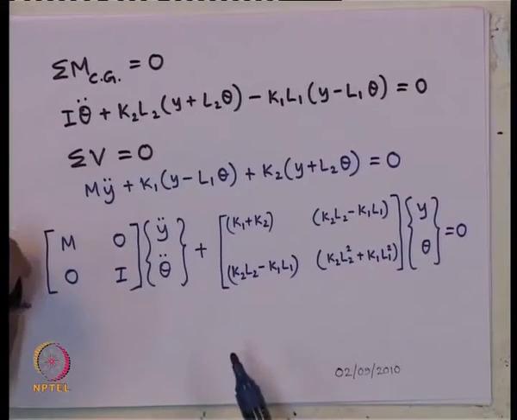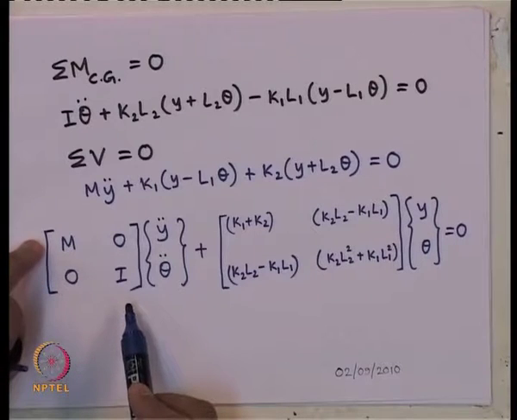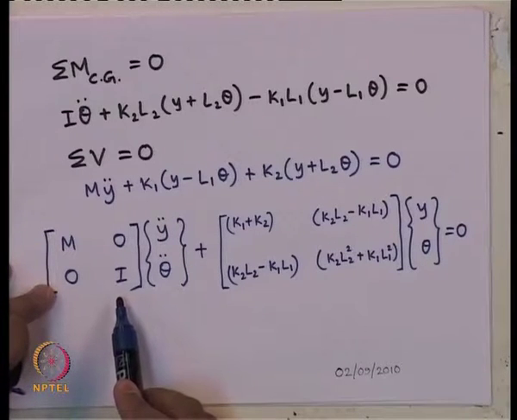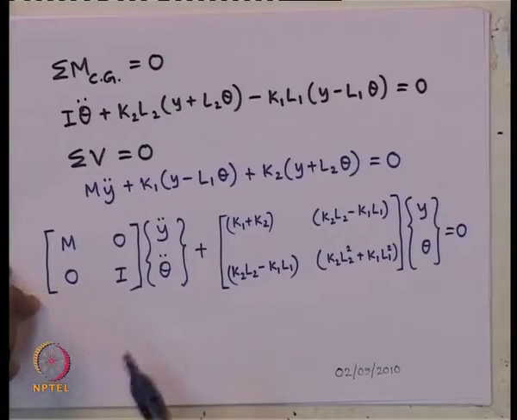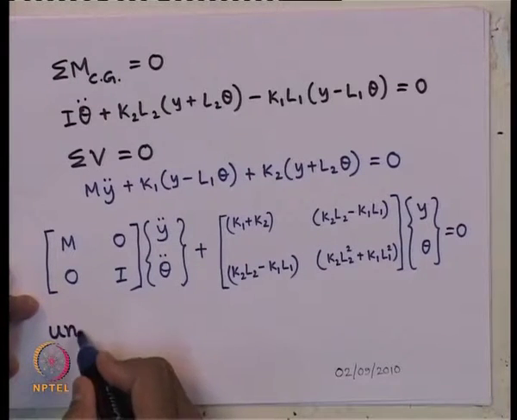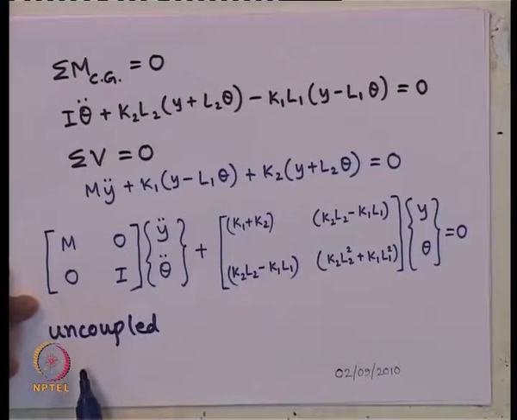So, what does it mean? Finally, for this case, when the rotational axis passes through the center of gravity, we got the mass matrix. This is the mass matrix, which is uncoupled. Why is it uncoupled?